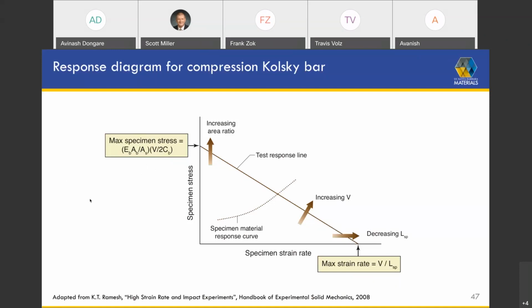Now, a related issue, in addition to this trade-off between the stresses and the strain rates that you can get, is the sensitivity of your measuring devices, your strain gauges here, and the signal-to-noise ratio. Okay? So, for instance, if you're operating down in this domain here, where you've got a very soft material, you can, in fact, get to very high strain rates in principle.